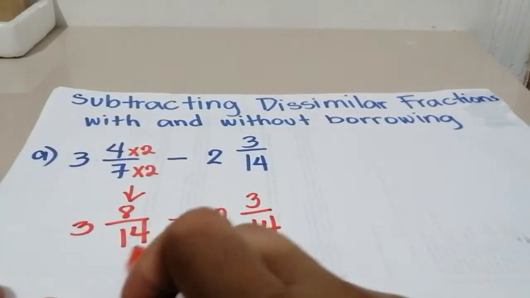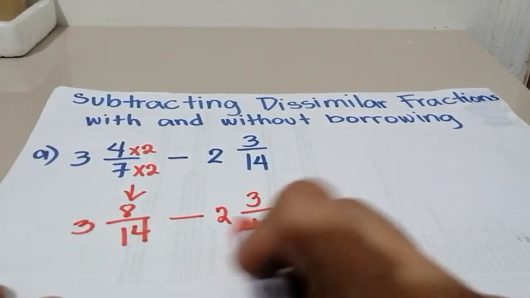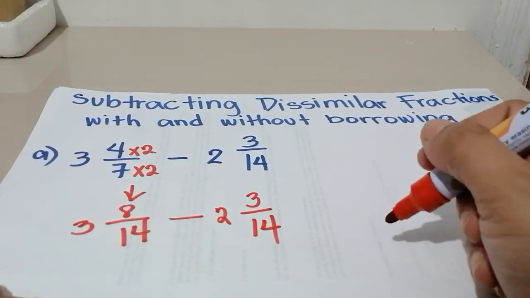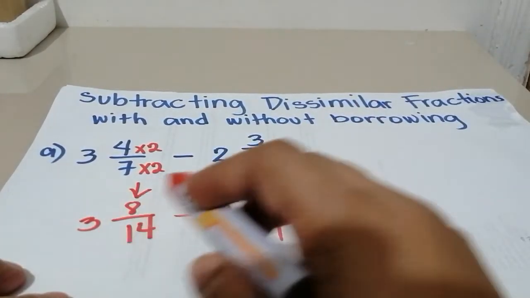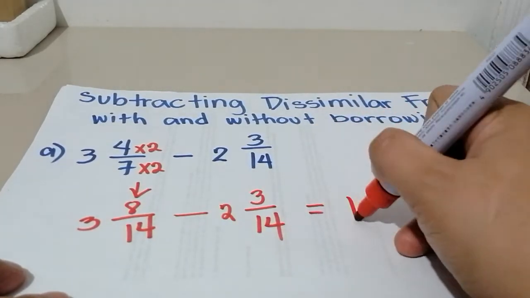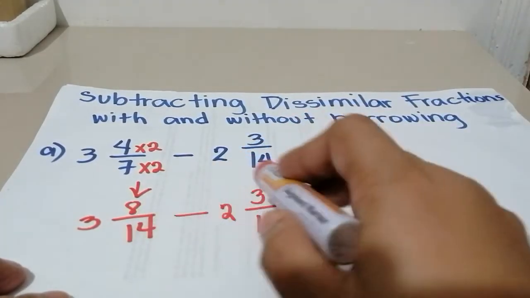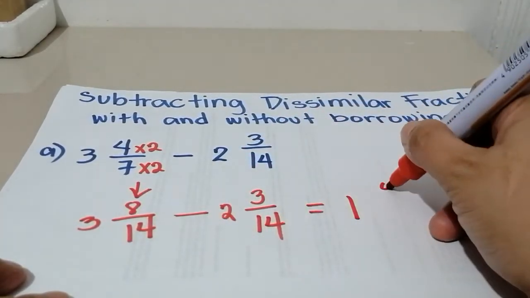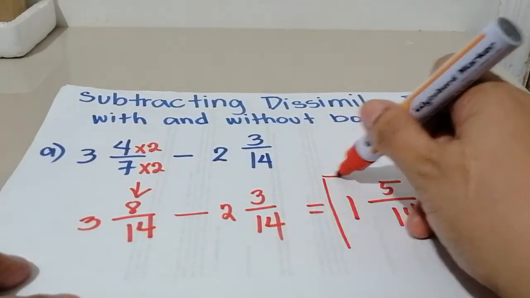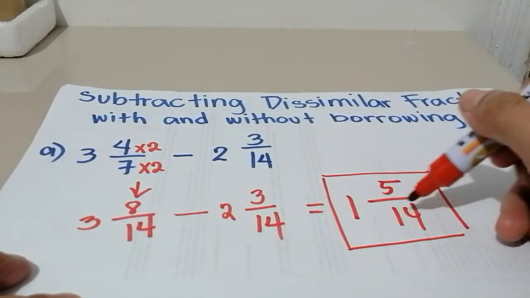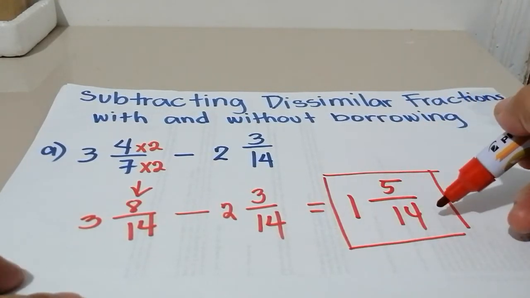Now that the fractions are the same, pareho na ang fraction natin, we are now ready to subtract. Okay, subtracting that, 3 minus 1 is 1 and 8 minus 3 is 5 over 14. So, ang magiging sagot dito ay 1 and 5 over 14.